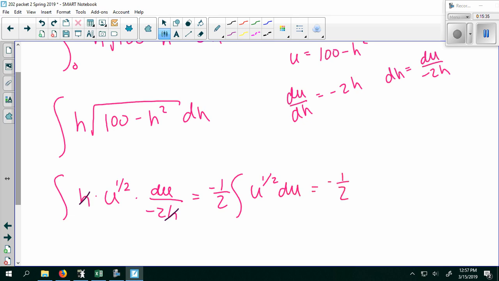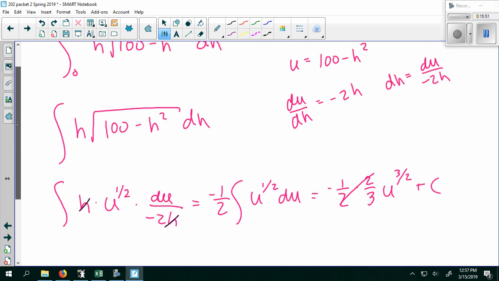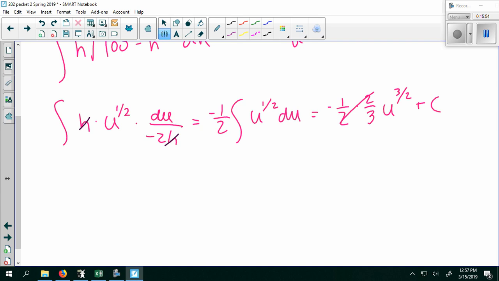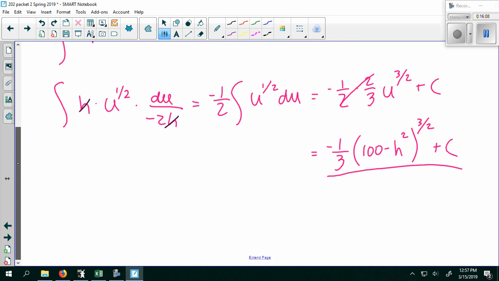The antiderivative of u to the 1/2 is u to the 3/2 times 2/3. Twos cancel, and I get negative 1/3 u to the 3/2 plus c. And I'm going to replace the u with 100 minus h squared. Okay, so now that I have an antiderivative, I can do the definite integral.